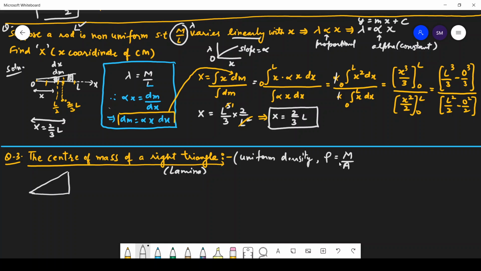So that is what density is, mass upon area. We have a continuous distribution of mass here again, and whenever we have a continuous distribution of mass, we need to use the integral formula.